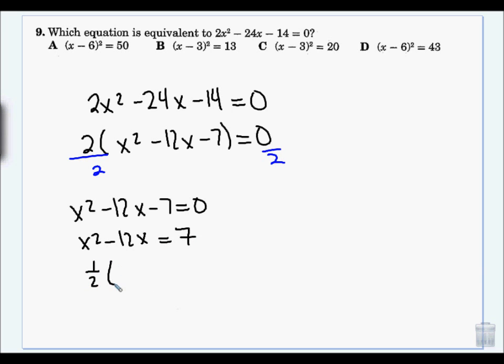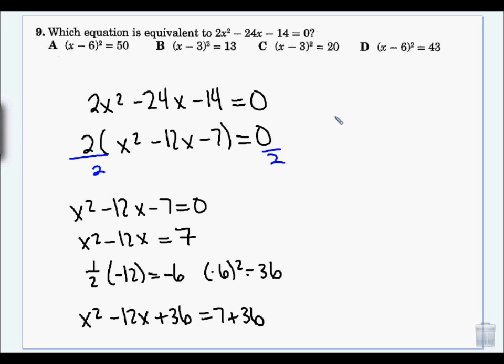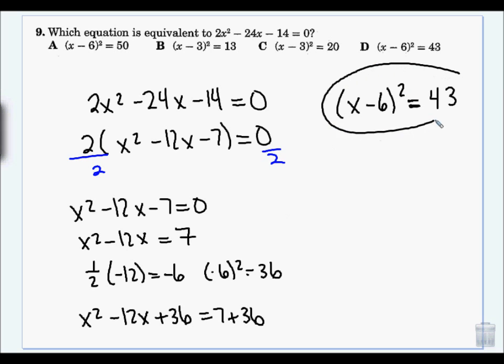And then I will take half of 12, and then I will square that, and then I will add that to both sides. And then I will do the complete the square part. And that matches D.